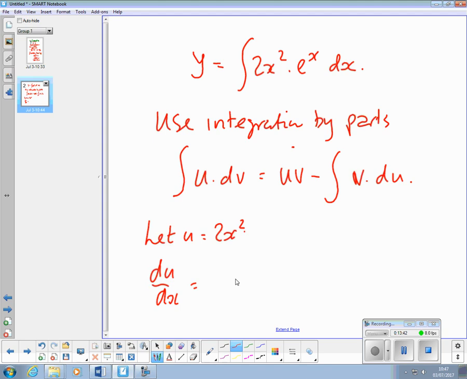But it's a judgment call. There's no definite way. The idea of this process is to make this differential of v one that you can solve from the table. Because you haven't got anything like that in the table, but you're trying to make that differential one you can solve. Alright? So du by dx, we multiply by 2 and take one off the index.